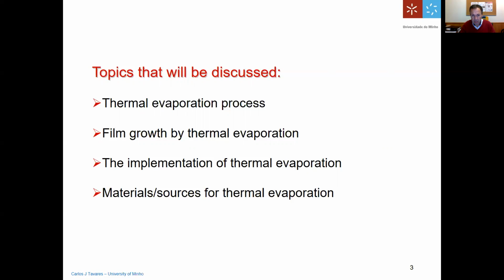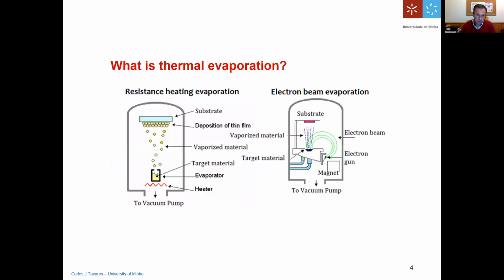So the kinetics involving the intrinsic film growth are probably the same. Then I'll be talking about the implementation of thermal evaporation. I'll give you also some information on materials and sources for thermal evaporation.